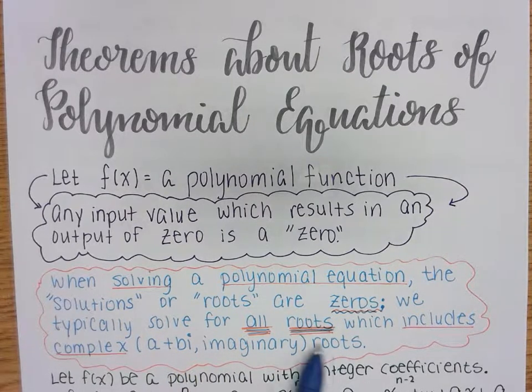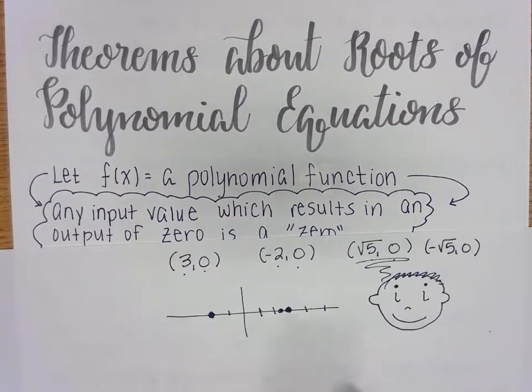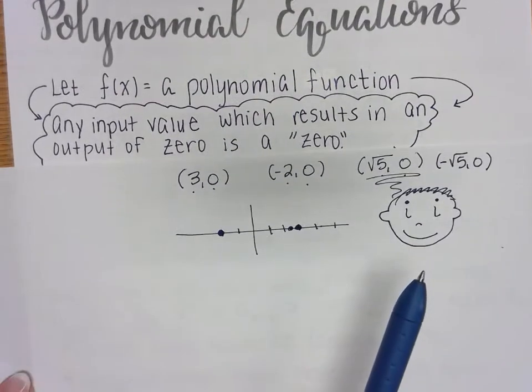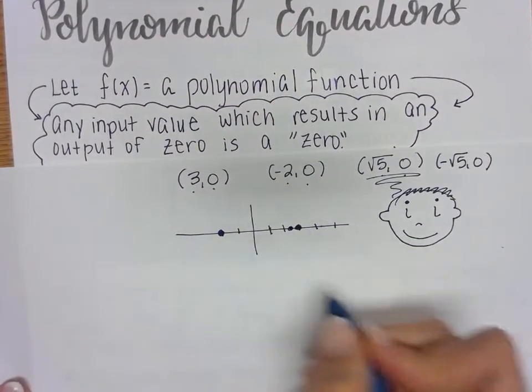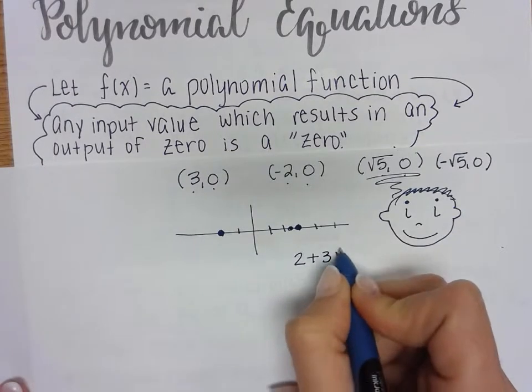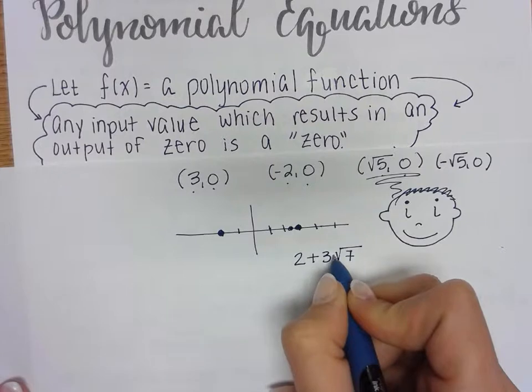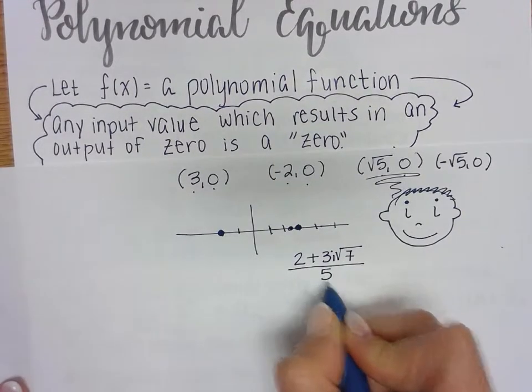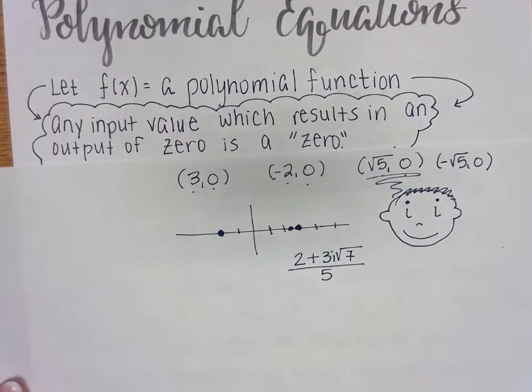roots as well. Now, here's the other catch. Similar to over here, how we said our irrational roots come in pairs. Well, guess who else comes in pairs? Our imaginaries. So if you got a root, say you got it from quadratic formula, you got 2 plus 3i square root 7 over 5 as a root or a solution.